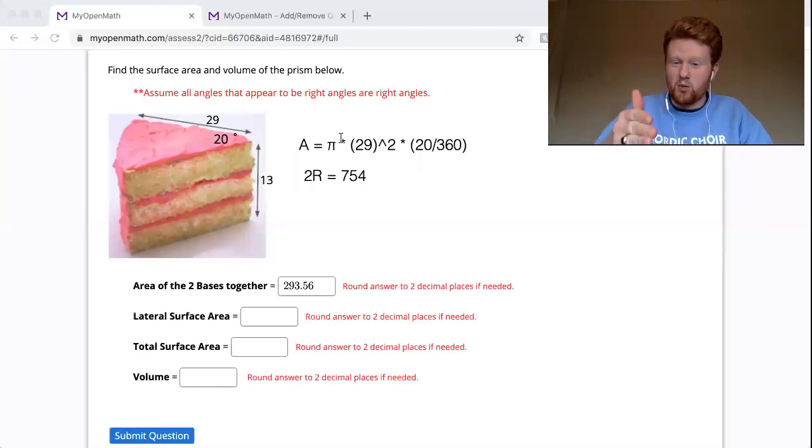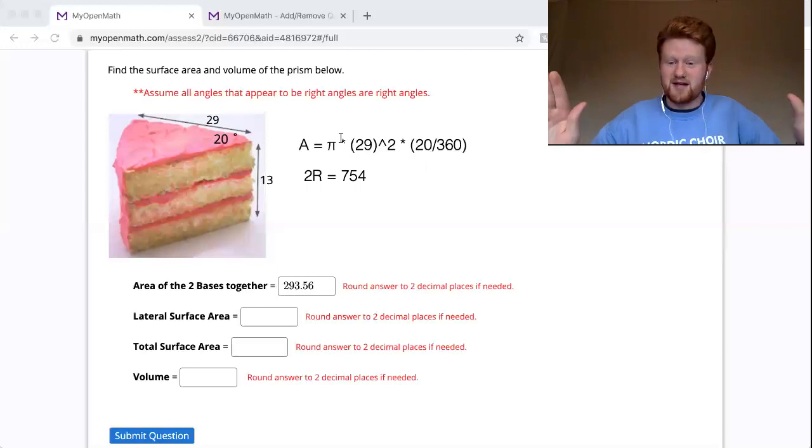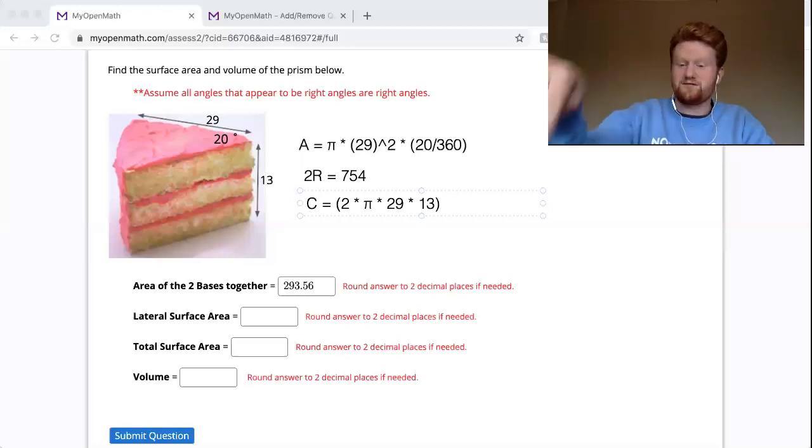Because remember, if we cut open a cylinder and unroll that lateral surface, it's one big rectangle where the top of that rectangle is the circumference and the side is the height. So same idea here. I'm going to do C for curved surface. So we would have done the circumference, which is 2 times pi times r, which is 29 here, times our height, which is 13. That would find the curved surface of the full cylinder.